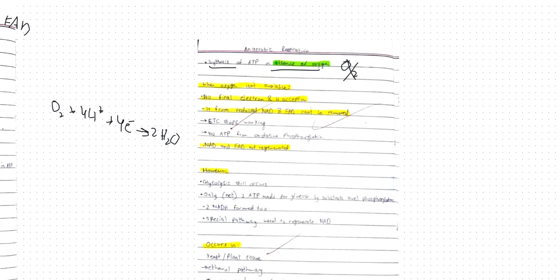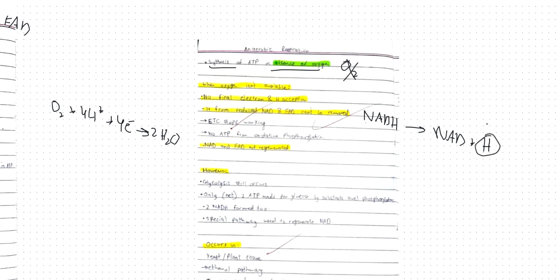So when NADH becomes NAD and a hydrogen is released, this process cannot happen because you don't have any oxygen to accept the protons released from this hydrogen.